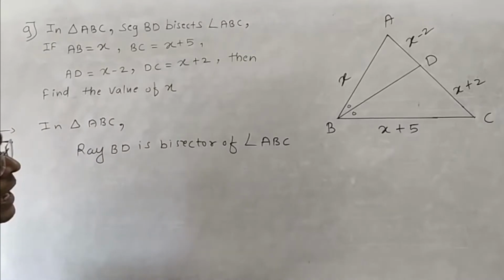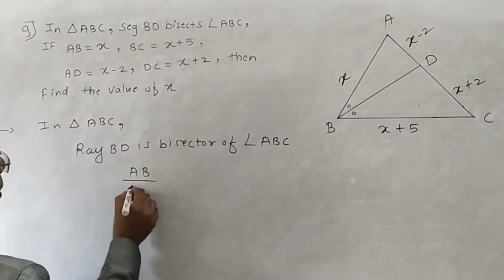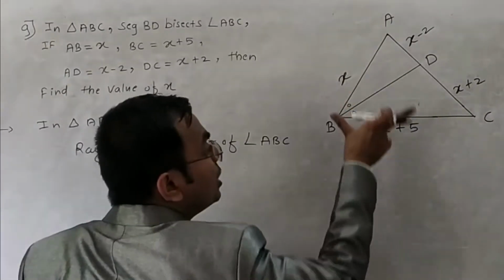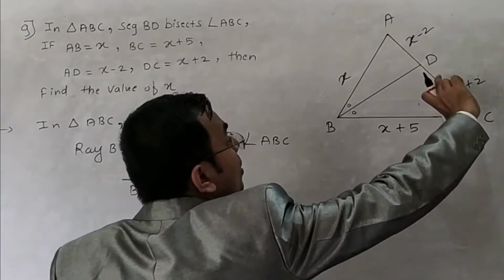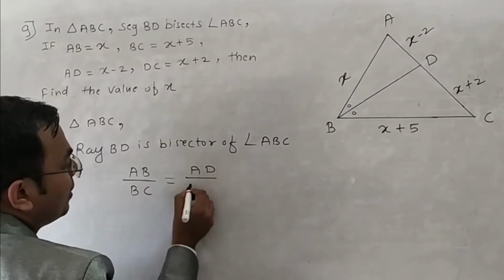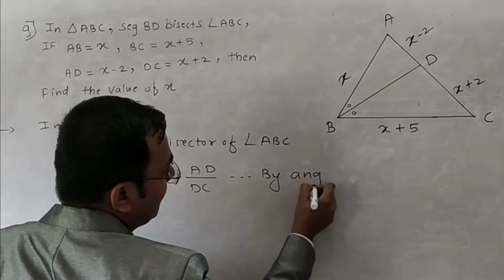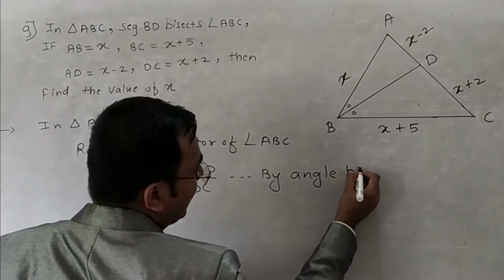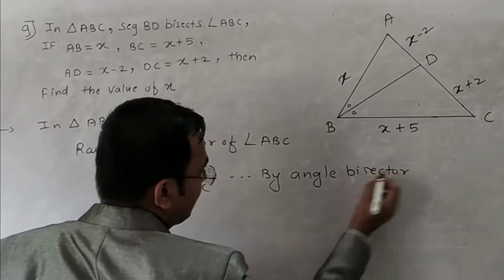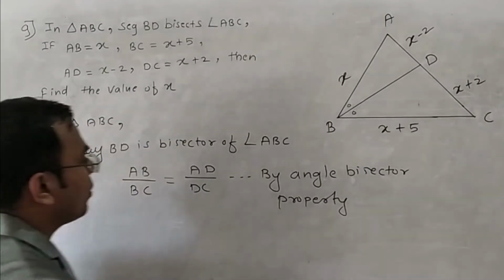So by using the angle bisector property, we can write AB upon BC is equal to AD upon DC, by the angle bisector property.